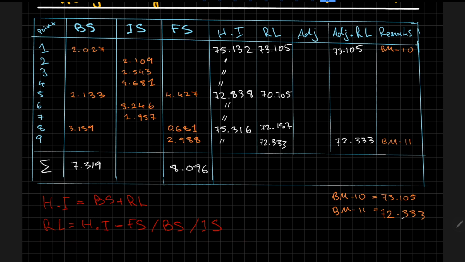So we already have the reduced level here, so we can start with this. We need to go ahead and minus 2.109 from 75.132. We'll do that. 75.132 take away 2.109. So now we have the value here, 73.023.